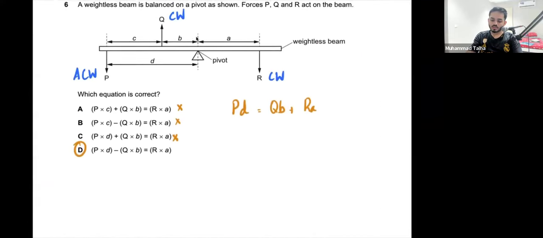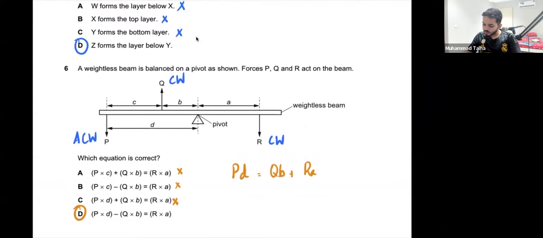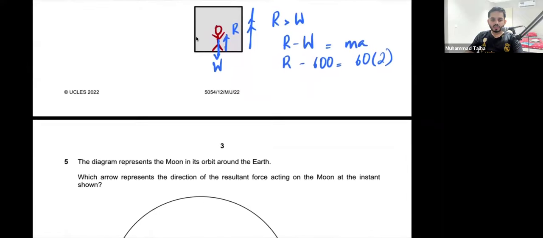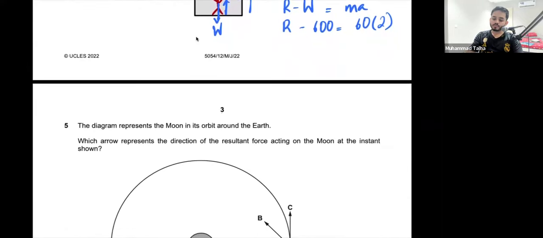Oh, so this is IG. Let's find an O-level paper. For example, this question, if you remember, a question like this that we did in the last class. Something like this related to Newton's second law.